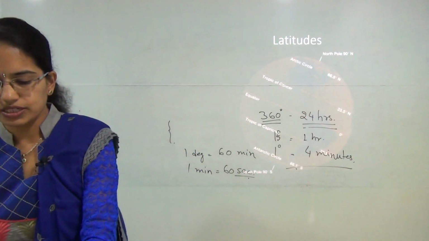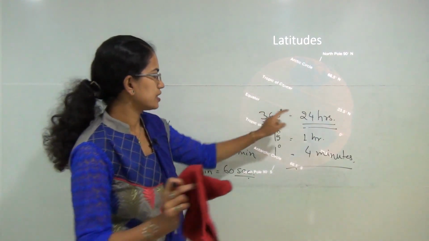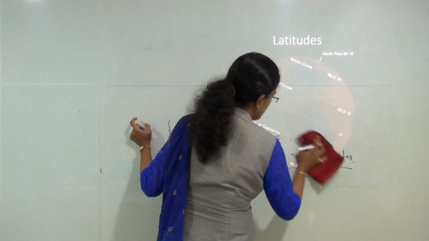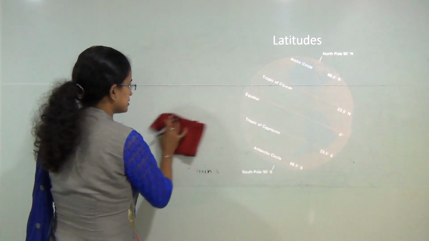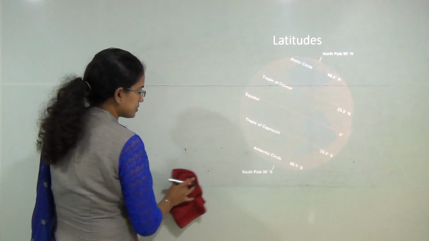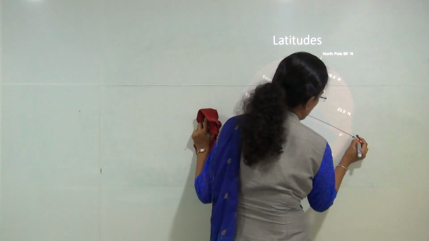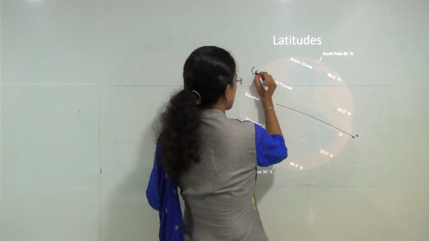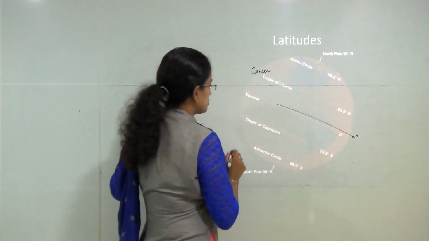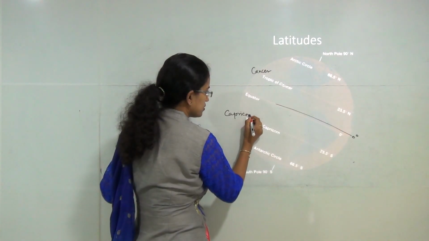Now let's try to understand here in this diagram. So you have the 0 degree, which is the equator. North and south of equator, you have two major lines that are important both in the north hemisphere and the south hemisphere. So you have the equator, north of it 23.5 degrees north, you have the Tropic of Cancer, and 23.5 degrees south you have Tropic of Capricorn.